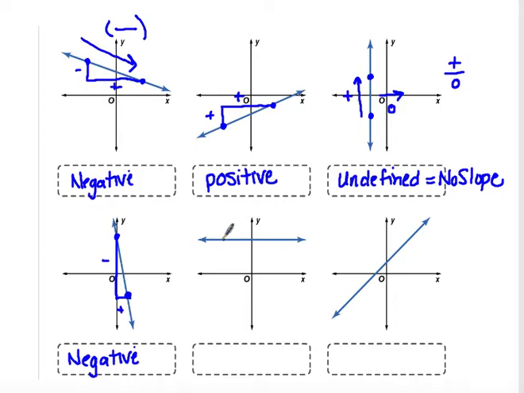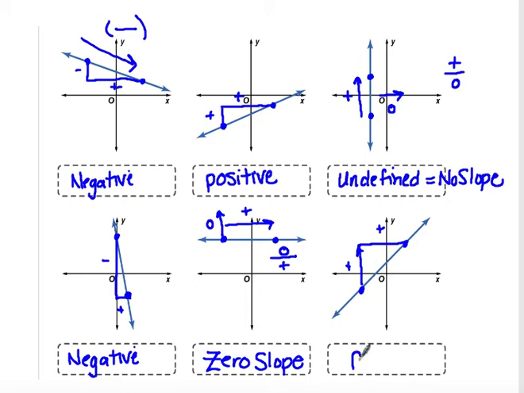And this horizontal line, this time my rise is 0, but my run is positive. And a 0 divided by a positive number is going to be 0. So this guy has a special slope. He has a 0 slope. And this last one, the rise is positive, the run is positive, so this is going to have a positive slope.